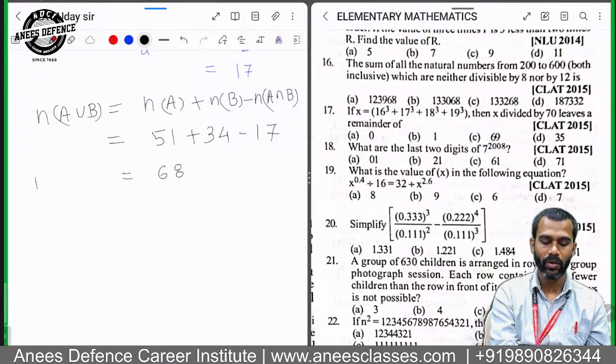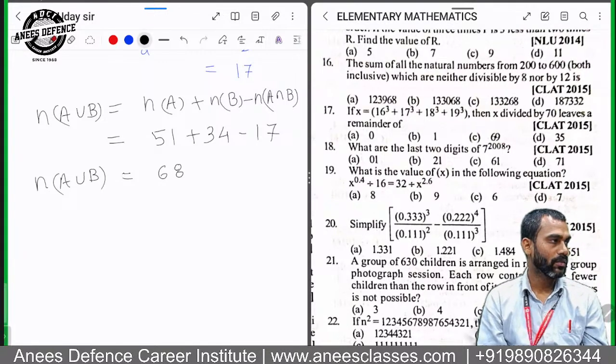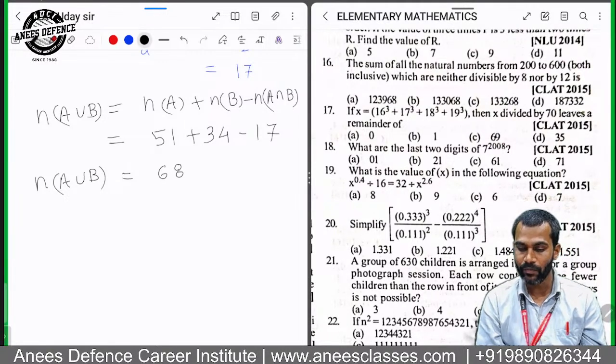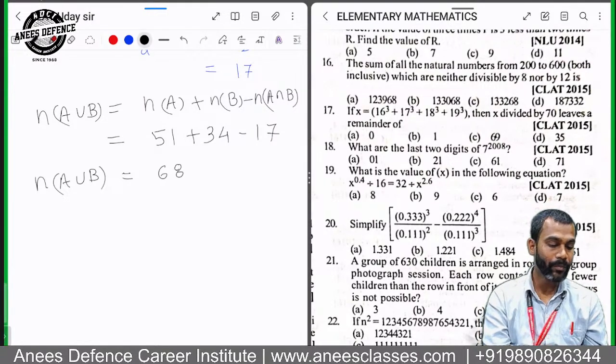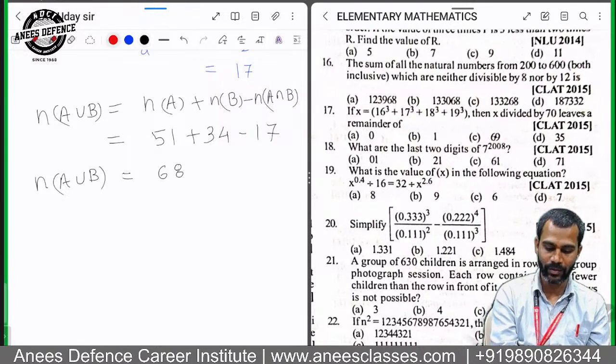Yes or no? So N of A union B is 68. So you need to subtract 68 from 401, the total number of numbers.